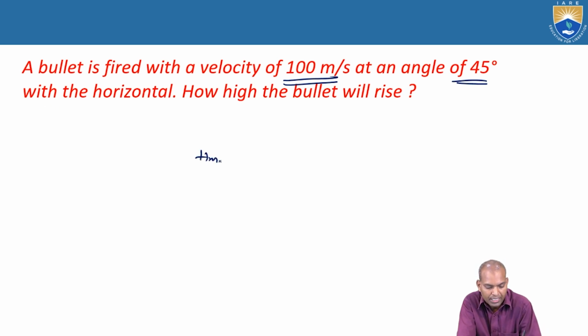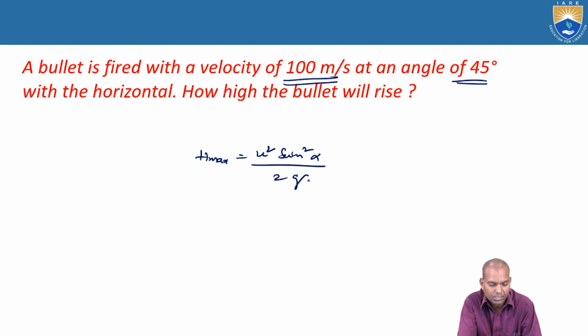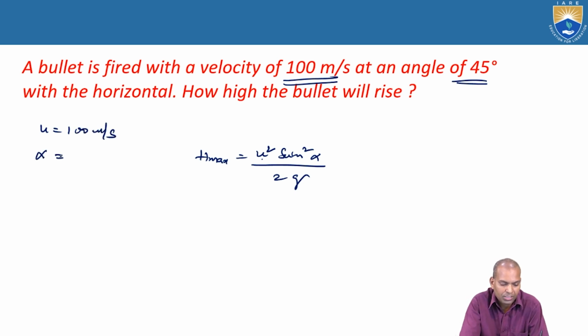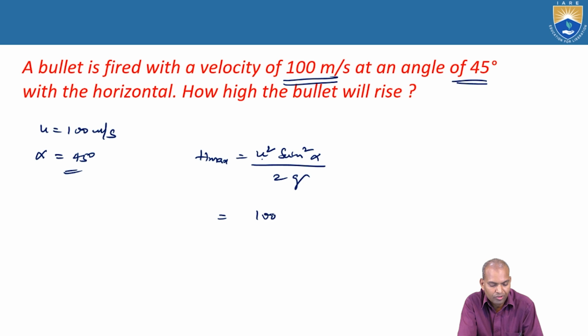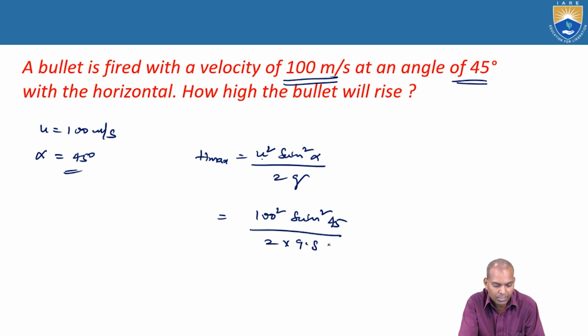The maximum height h maximum equals u square sin square alpha by 2g. We know u is 100 meters per second, and alpha, the angle of projection, is 45 degrees. Substituting, we get 100 square times sin square 45 degrees by 2 times g, 9.8.